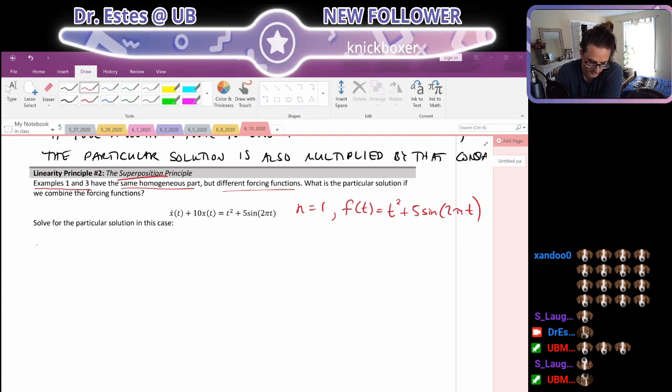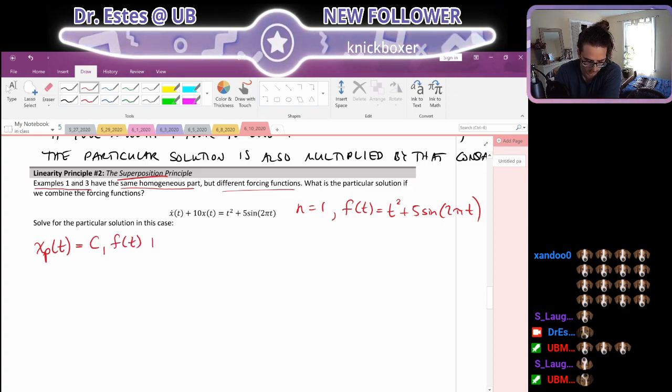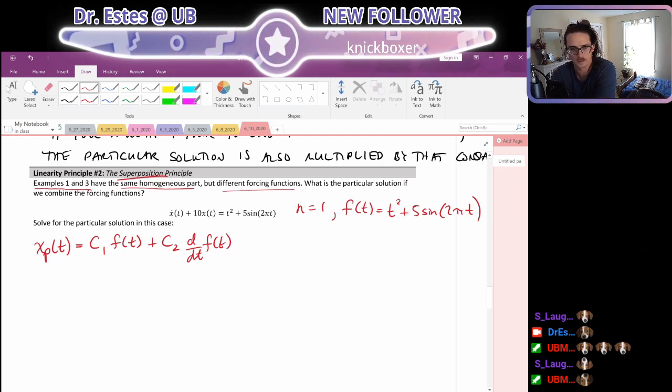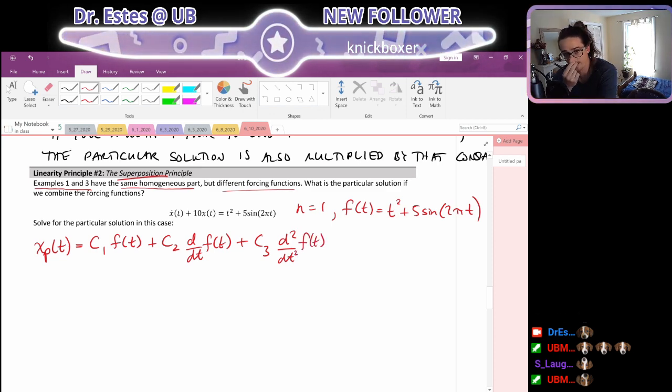All right, so our particular solution is going to be some coefficient times f of t plus another coefficient times the first time derivative of f of t, another coefficient times the second time derivative, and I think that's as far as we're going to have to go.